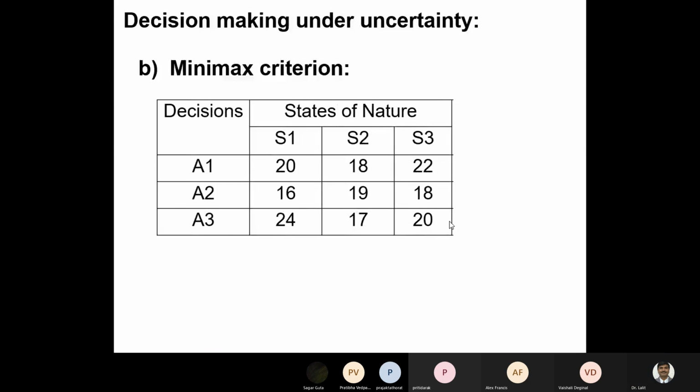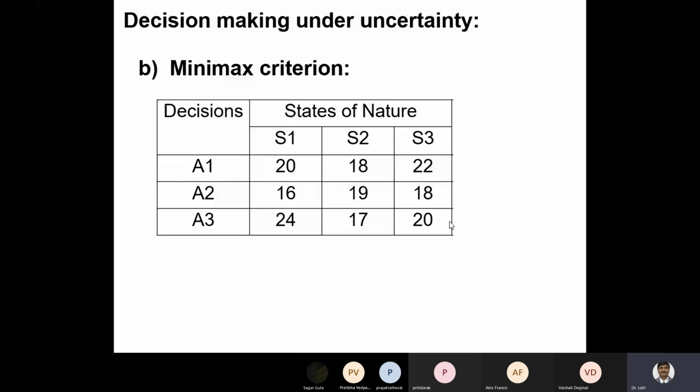The second criteria is the minimax criteria. It is opposite to the maximax criteria. Usually this criteria is used when the payoffs in the payoff table represent losses. For example, for the combination A1 S1, the loss is 20.